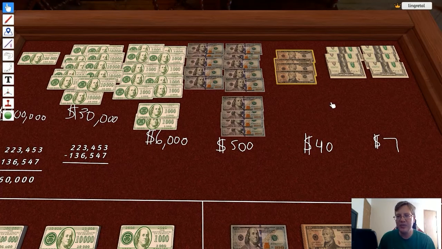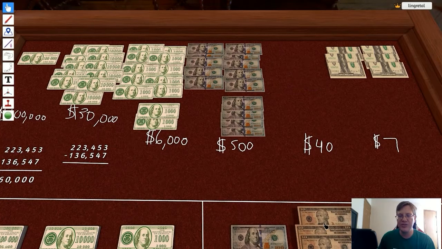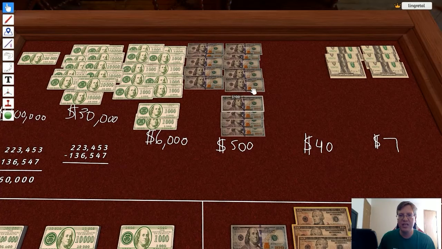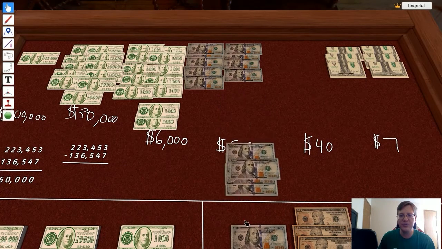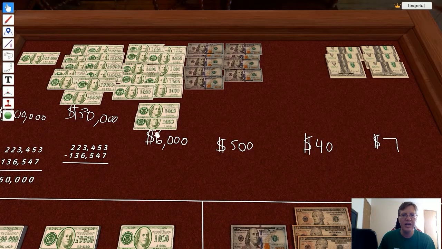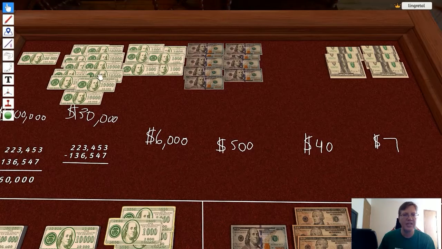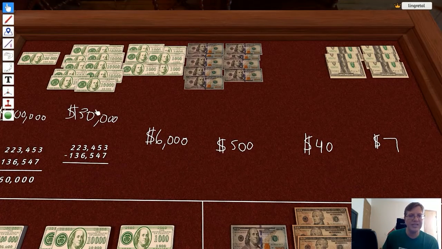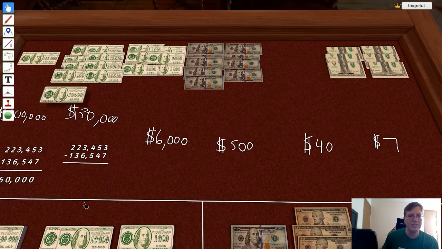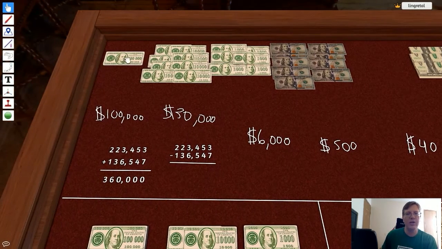If I go ahead and remove my 4 $10 bills, that would represent the $40 we would be taking away. If I get rid of 5 of my $100 bills, that would represent the amount that we would be removing in the problem. I need to take away 6 $1,000 bills, 3 $10,000 bills, and 1 $100,000 bill.